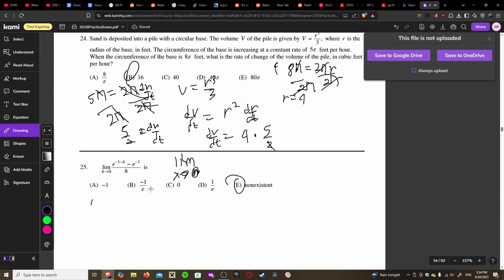Oh no, actually it'd be 0. Or actually, no. Hold on, so e minus 1, minus e minus 1, for 0. No, it'd be non-existent. Unless it was e to the x.